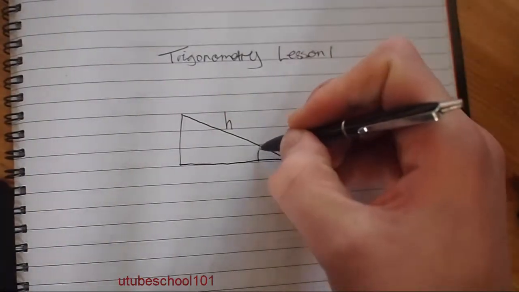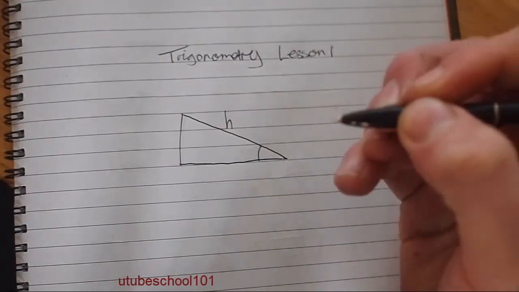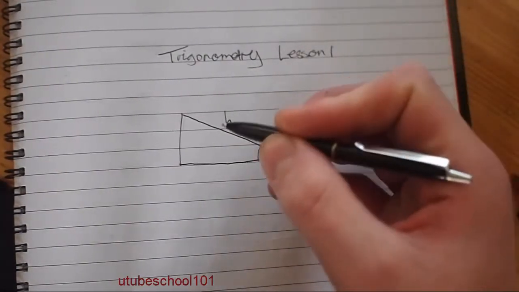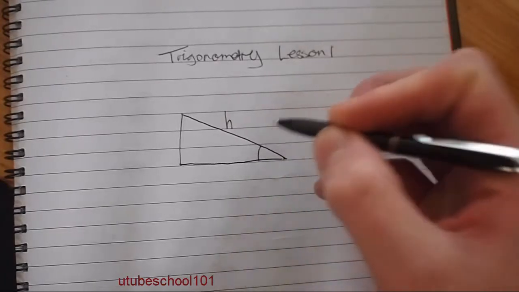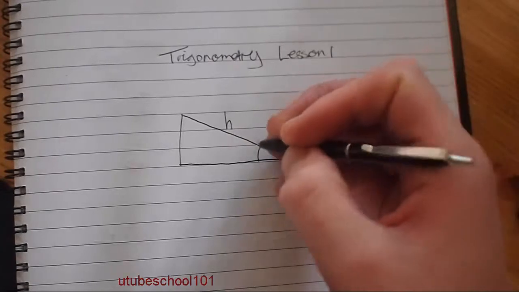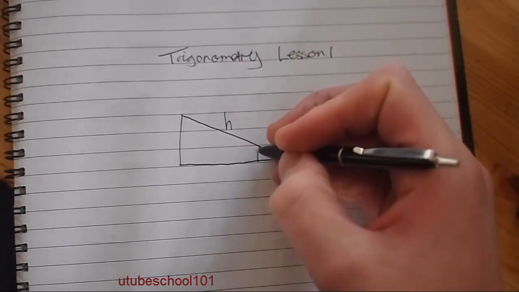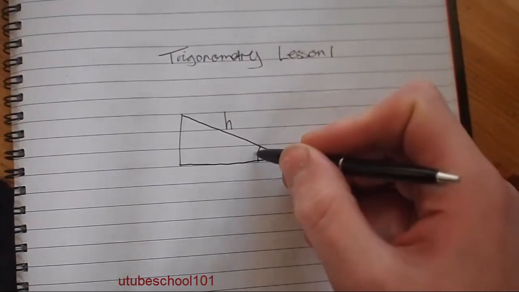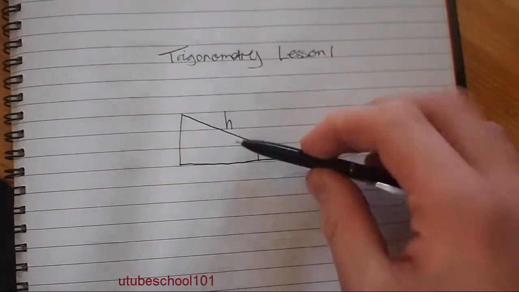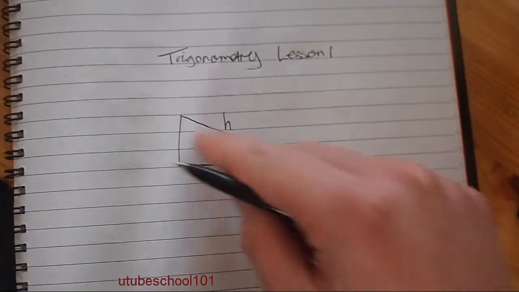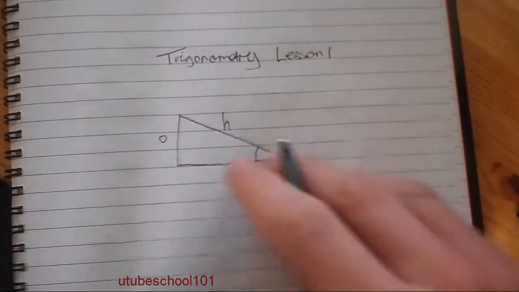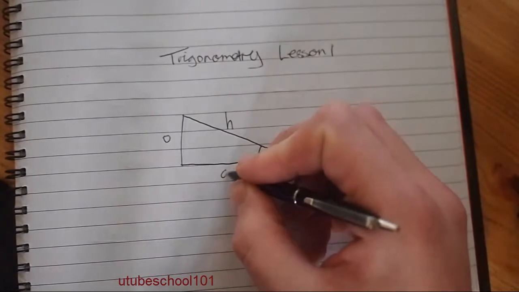If you have this angle in focus, and what I mean by focus is whether you have the number of degrees the angle is worth, or you're trying to find it out, then the side opposite to it, facing it, will be the opposite, and this side will be the adjacent.